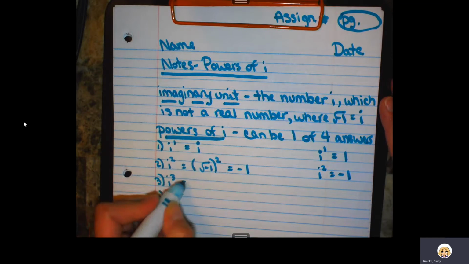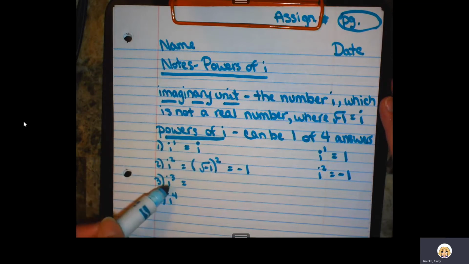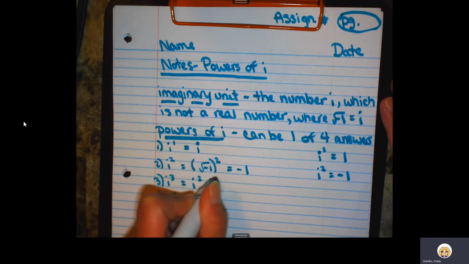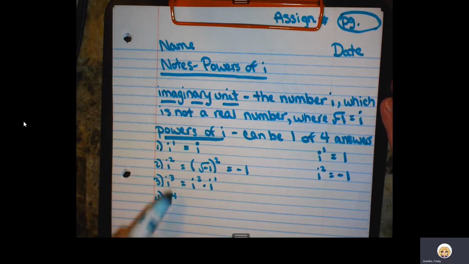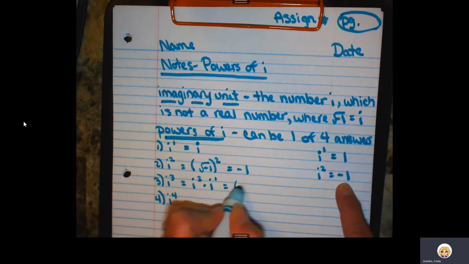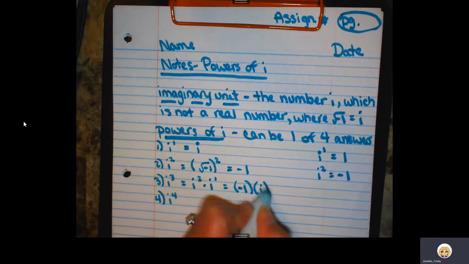For i cubed, I can use both of these rules. I know that i cubed is the same thing as i squared times i to the first, using my rule of exponents: if I add 2 plus 1, I get 3. I know from the previous rule that i squared is -1, and that i to the first is just i.